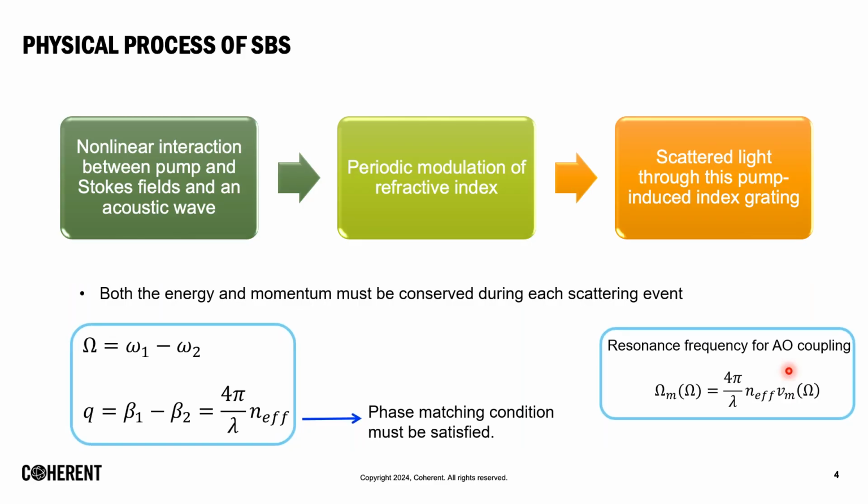This phenomenon is referred to as guided acoustic wave Brillouin scattering. In practice, the Stokes spectrum shows multiple lines with frequency shifts ranging from 10 to 1000 megahertz. However, this spontaneous Brillouin scattering is very weak. So the main one is stimulated Brillouin scattering, which happens in the backward direction.